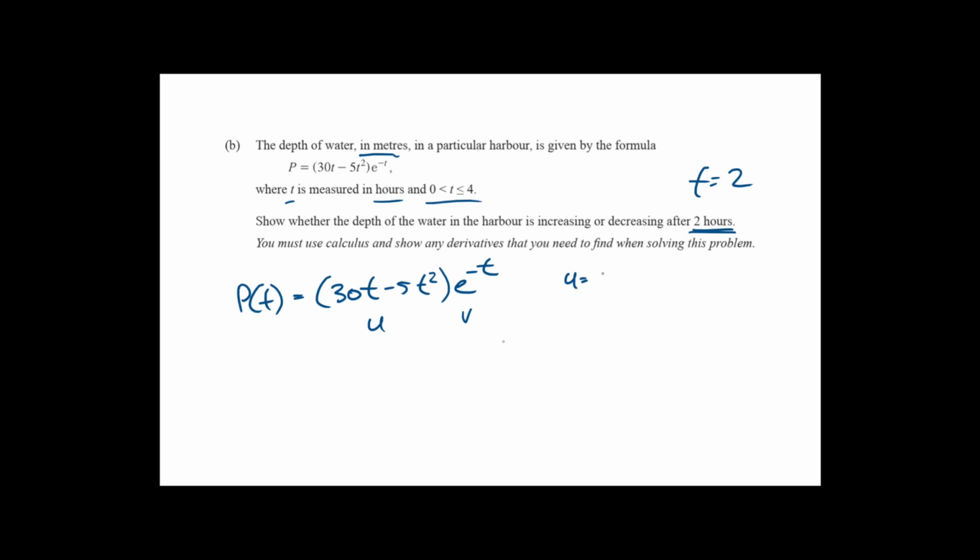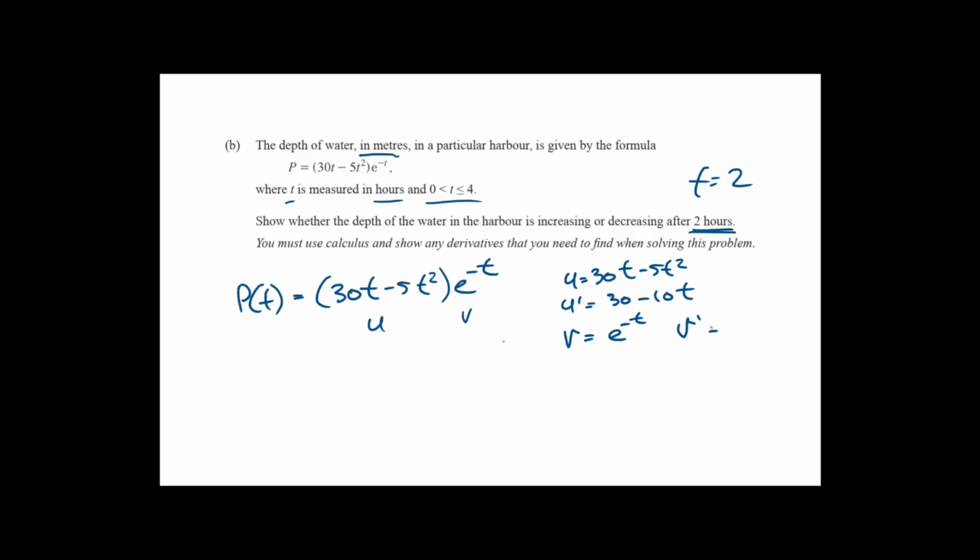So u is 30t minus 5t squared, which means u prime is going to be 30 minus 10t. v is going to be e to the negative t.